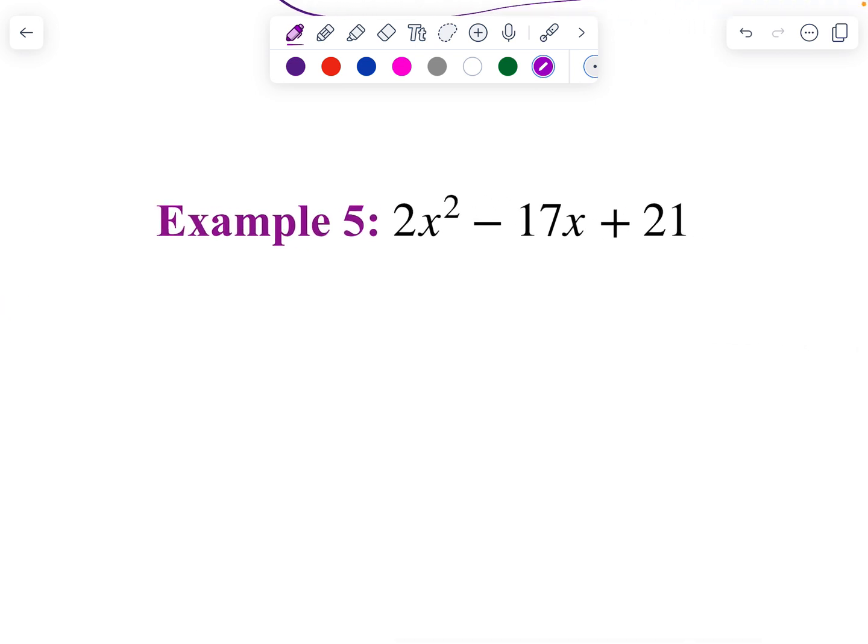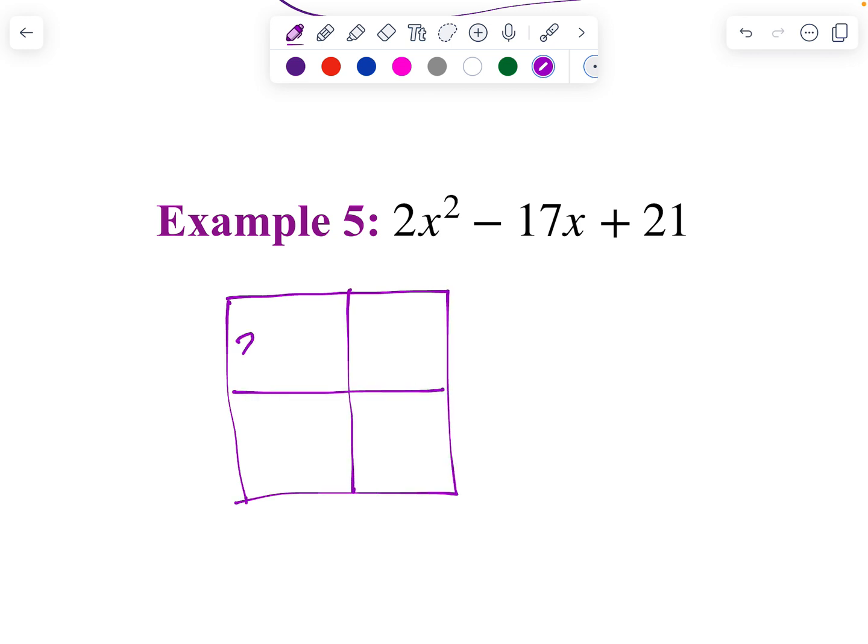Now, unlike the last one, nothing goes into all of these, does it? So I make my box. I fill in the 2x squared. I fill in the 21.